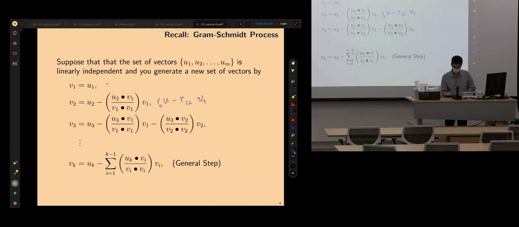So this must be, of course, U1 divided by the norm of U1. So that is my normalized vector.